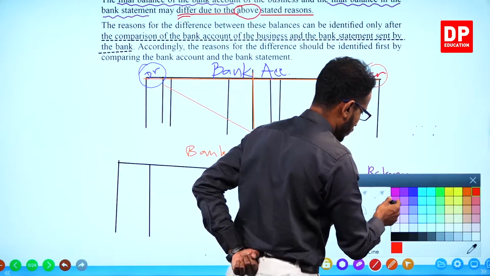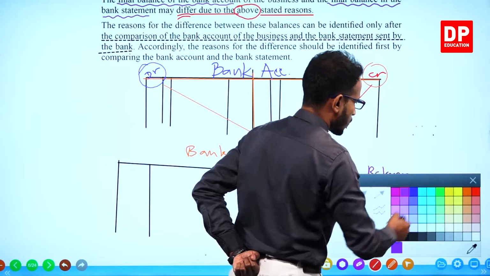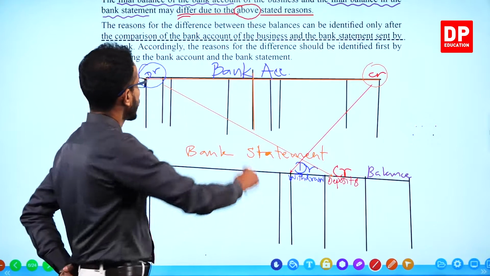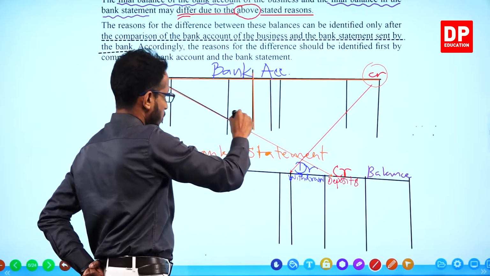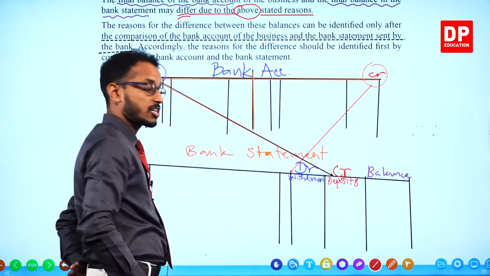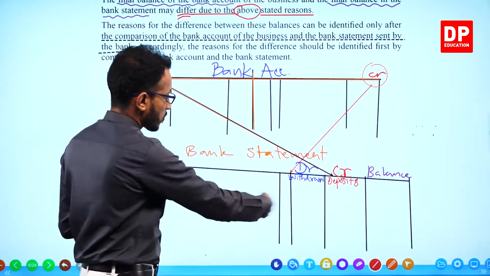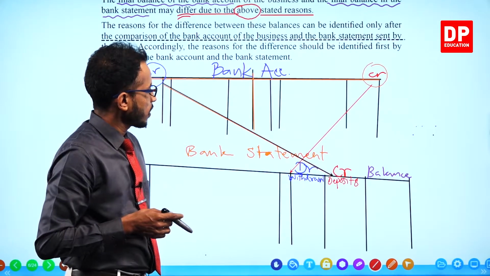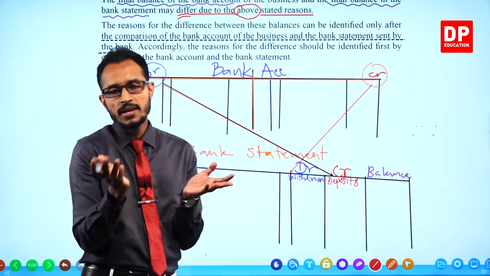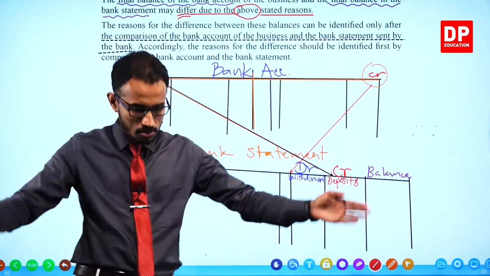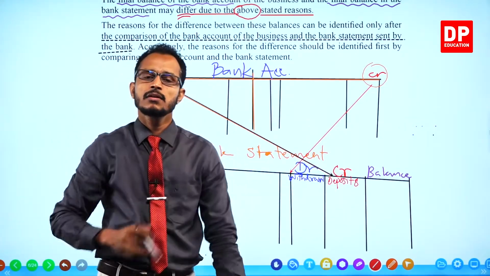If you watch the previous video, I explain the format of the bank statement. Okay, right. Why do we compare now? What is the reason for comparing, for this cross-checking?